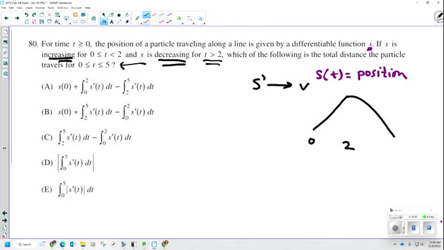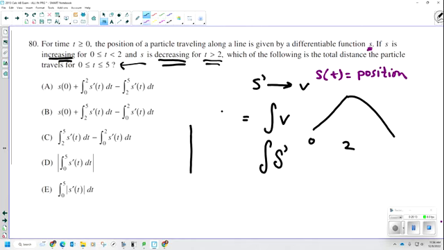The area under the curve would give me total distance or displacement. So I'm integrating velocities, like integrating s prime. That's why we have a lot of integrations of s prime here. But here's the kick. They don't want displacement.